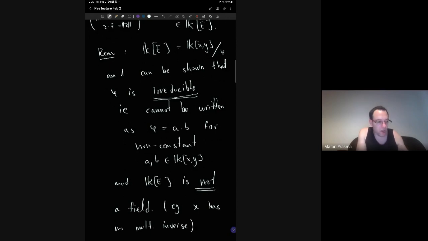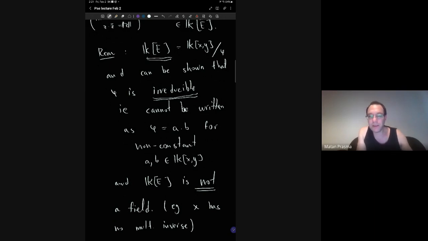Okay, so the two variable case is more involved, but nevertheless, we want to turn K of E into a field in a minimal way.